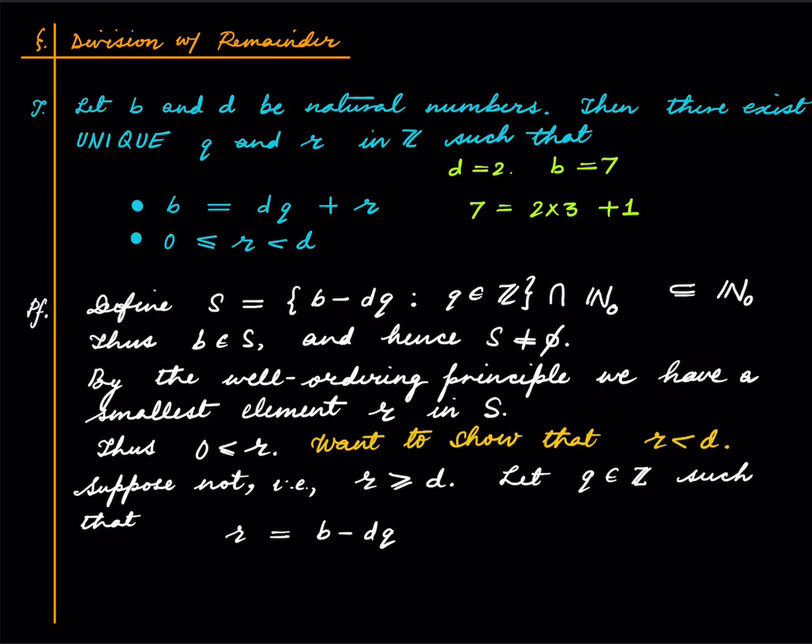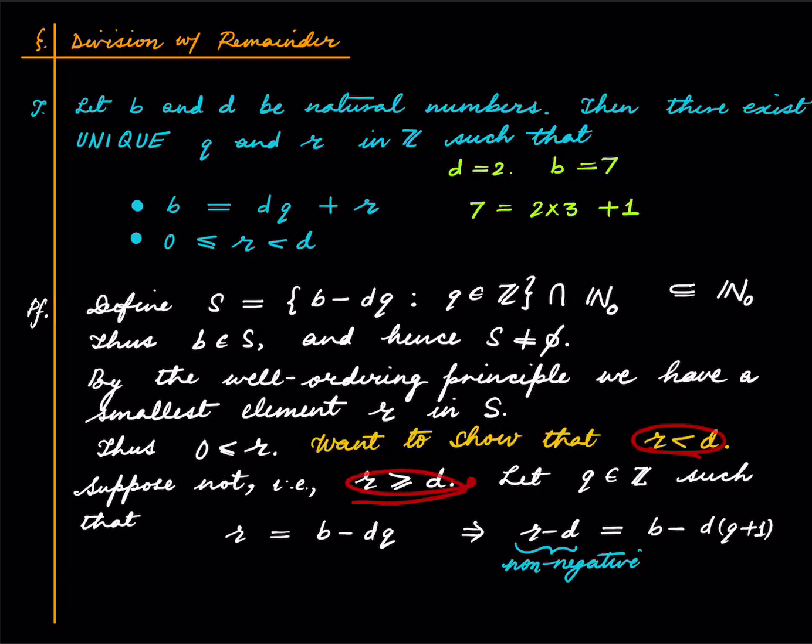Great. But if R is greater than or equal to d, then we get R minus d is b minus d times (q plus 1), which is non-negative. Why is it non-negative? Because of our assumption that R is greater than or equal to d.